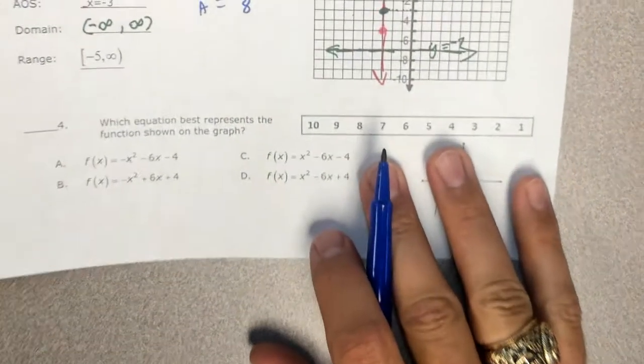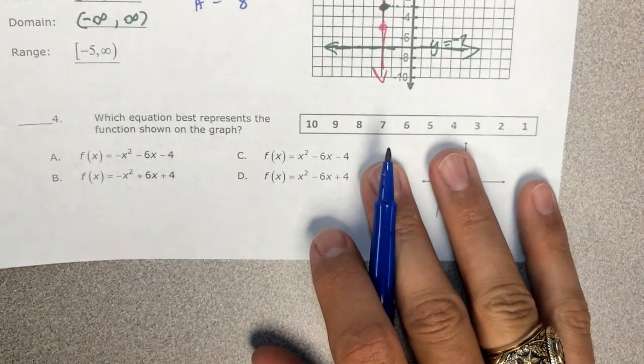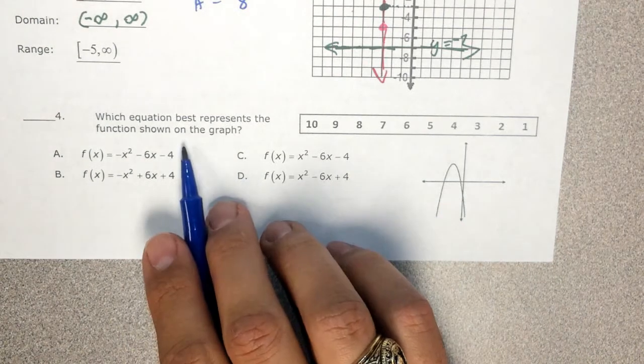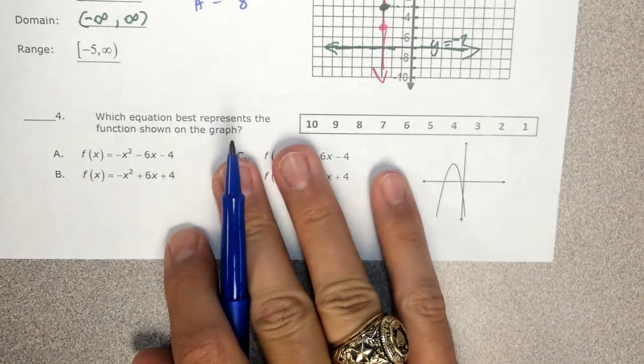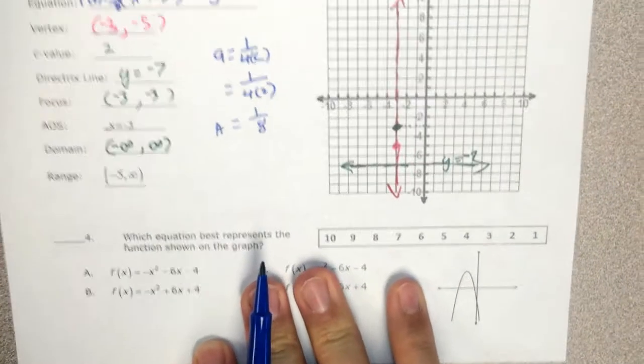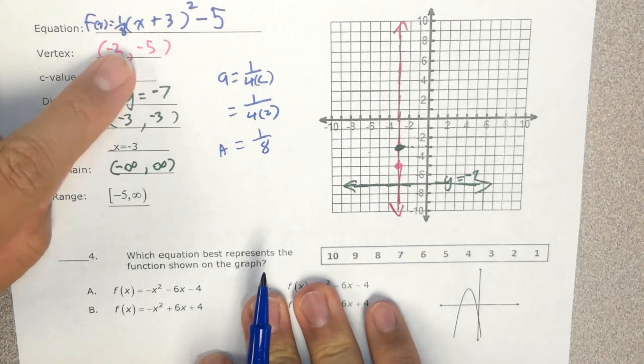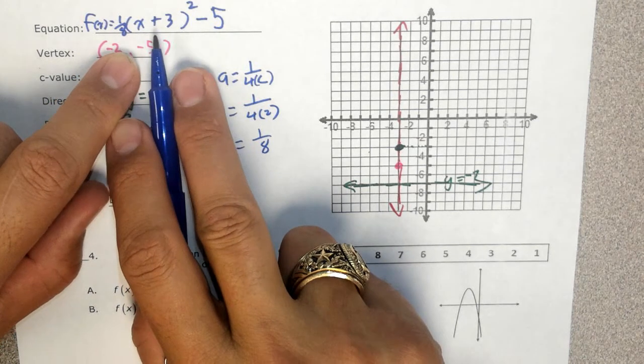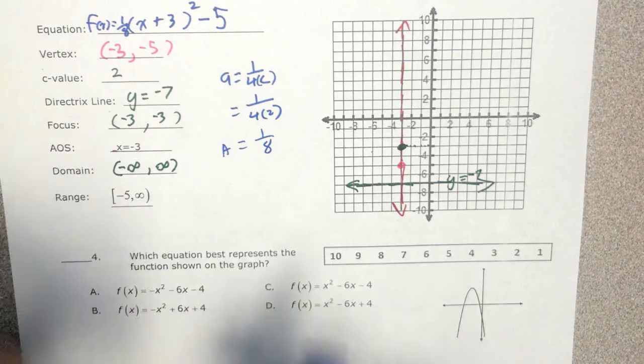And let's finish out this page. On the bottom, which equation best represents the function shown on the graph? Well, we have an equation that we got. We just need to put it in standard form. Our equation is in vertex form, so we have to transfer it to standard form.